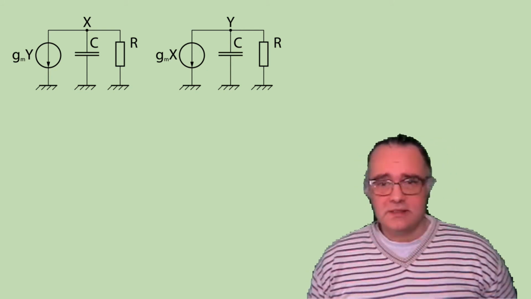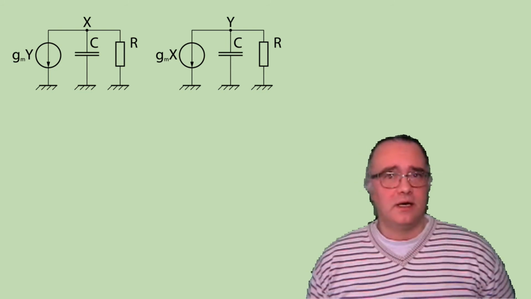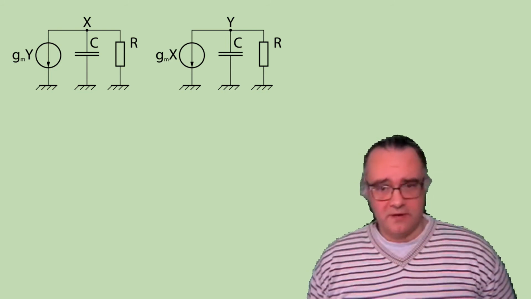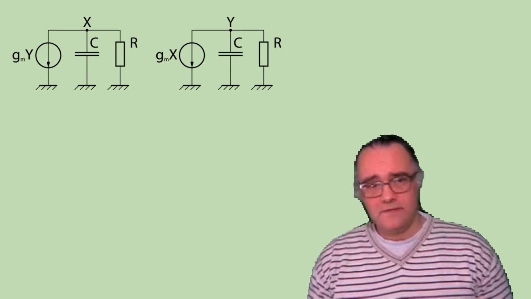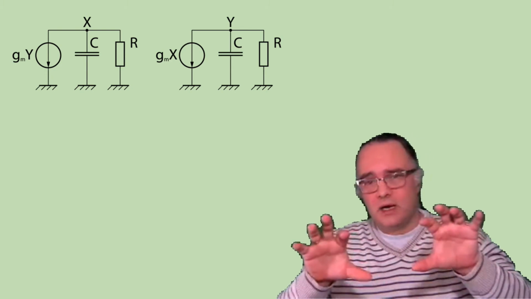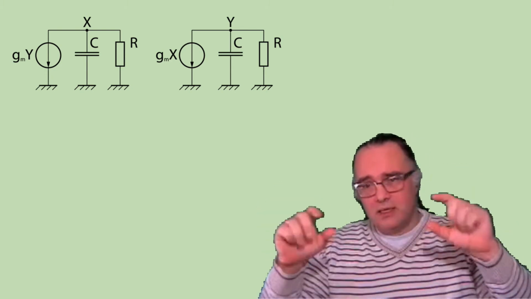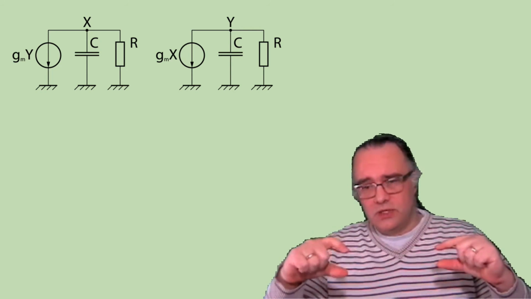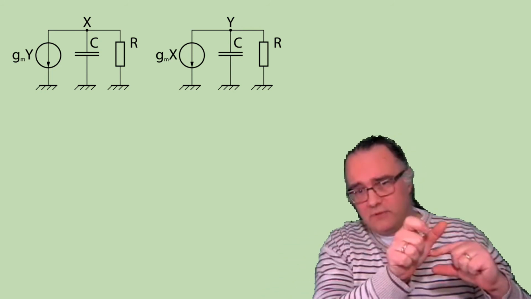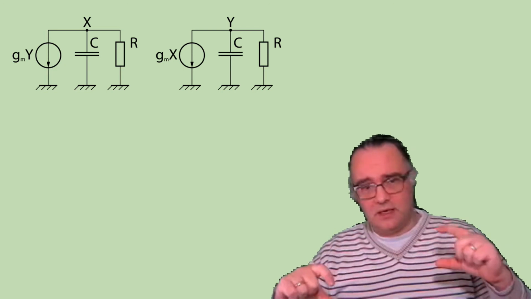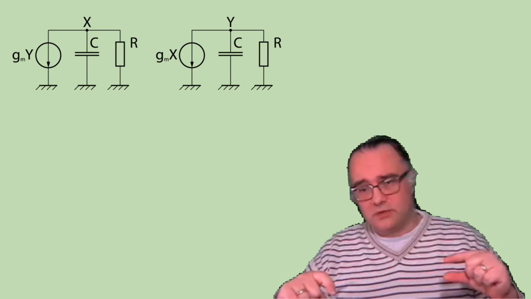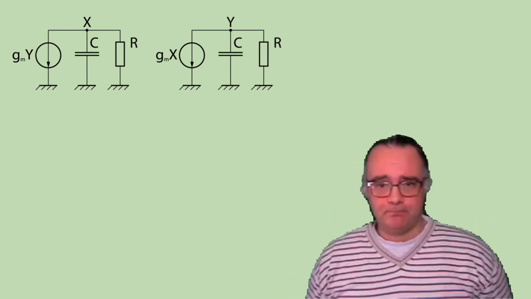The capacitances and the resistances, of course, are the same because we have a balanced circuit, and then the only difference of the two parts are the voltages X and Y, and the current sources, which depend on the other voltage: one current source depends on the voltage X, and the other depends on the voltage Y.